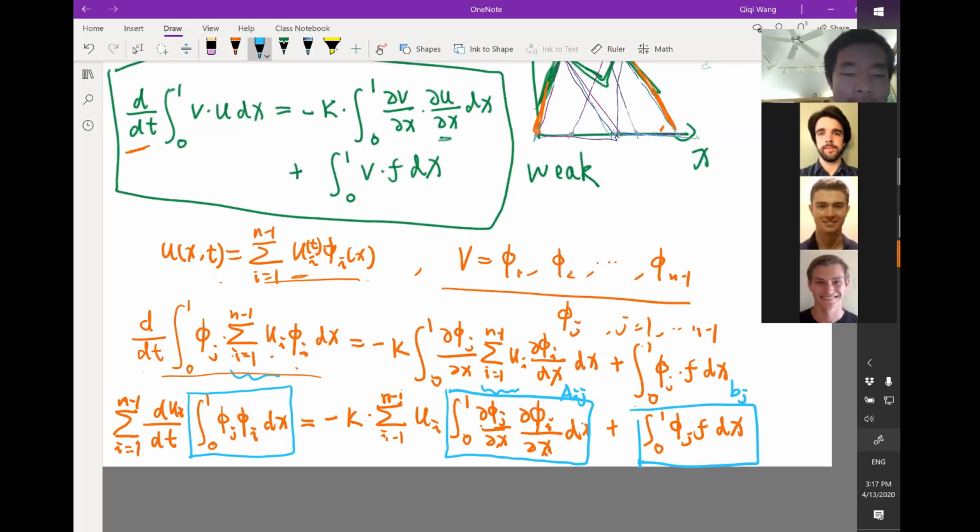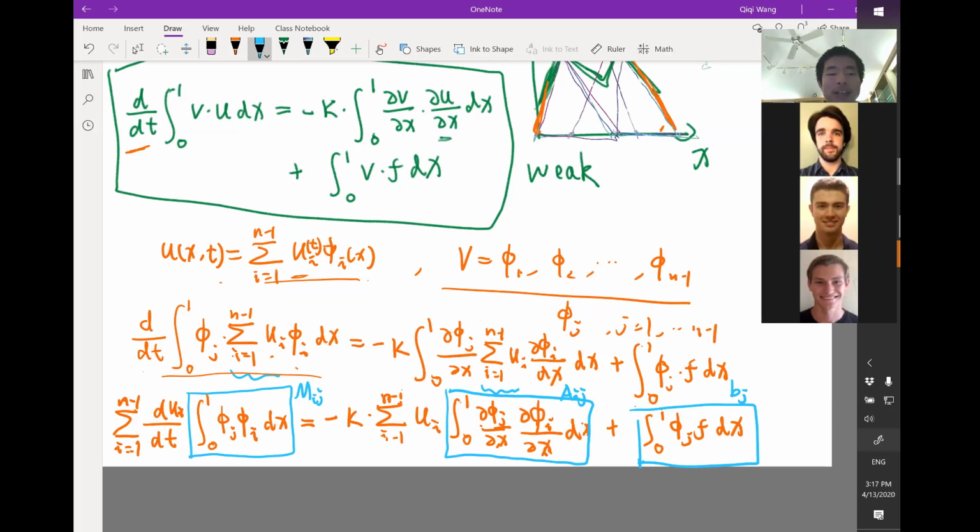This is another matrix because for every i and every j, it has a number. And this is something we usually denote as Mij. Again, in finite element literature, this matrix is called a mass matrix, because in structural dynamics, this term usually came from the mass or inertia of the materials, right?